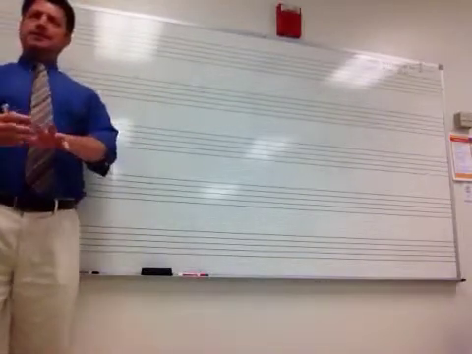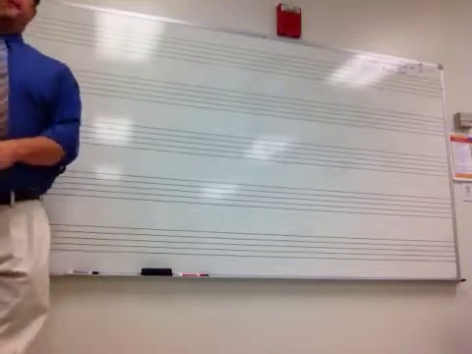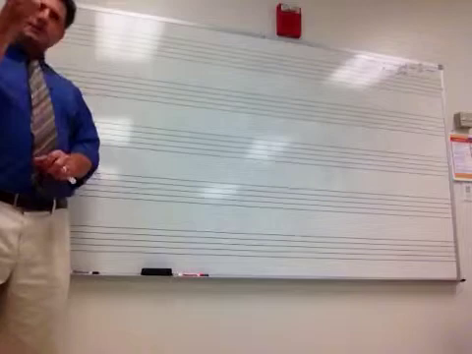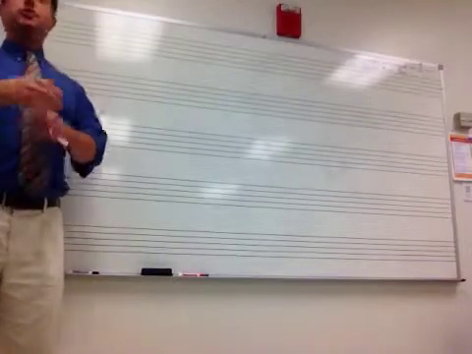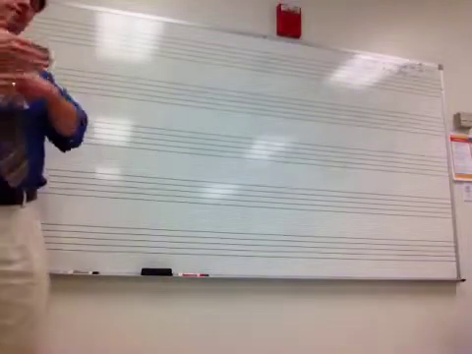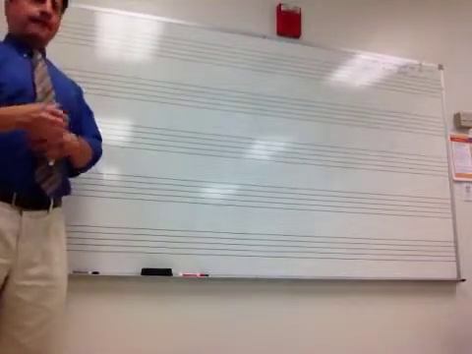In the classical era, if it's multi-movement, the first movement you can almost guarantee, and there are exceptions, but the expectation is that the first movement will be in what we call sonata form.